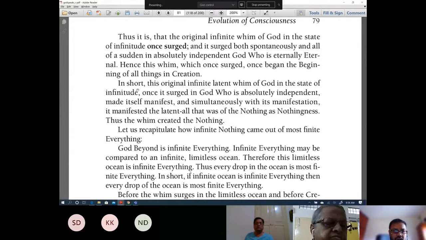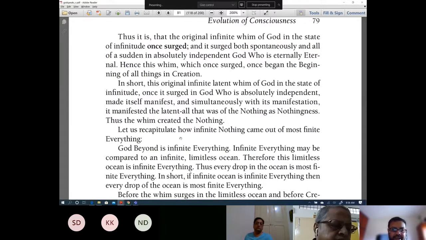In short, this original infinite latent whim of God in the state of infinitude, once it surged in God, who is absolutely independent, made itself manifest. And simultaneously with its manifestation, it manifested the latent all that was of the nothing as nothingness. Thus, the whim created the nothing.